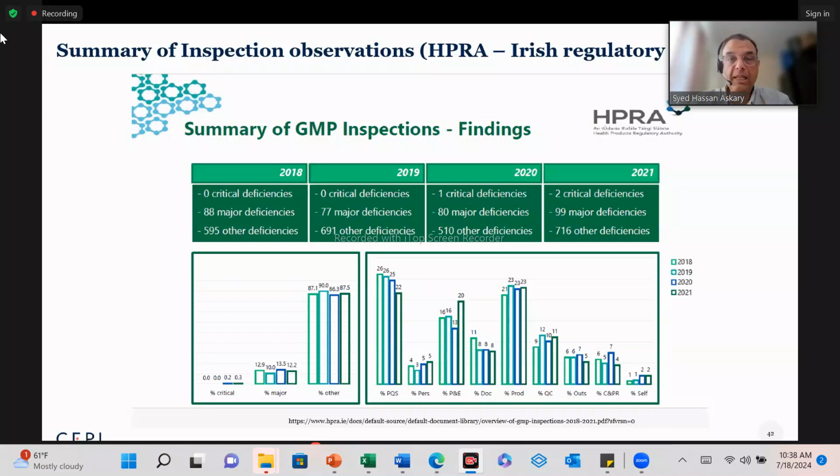And you can see that from 2018 to 2021 at least, there hasn't been much difference between the major deficiency observations and other deficiency observations, although critical deficiency has increased.